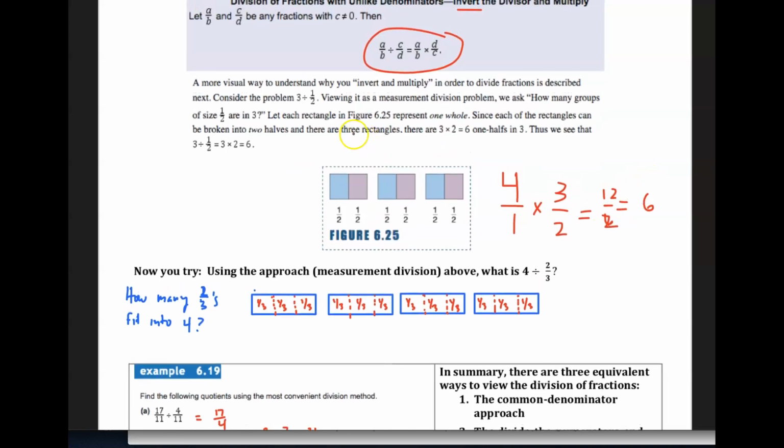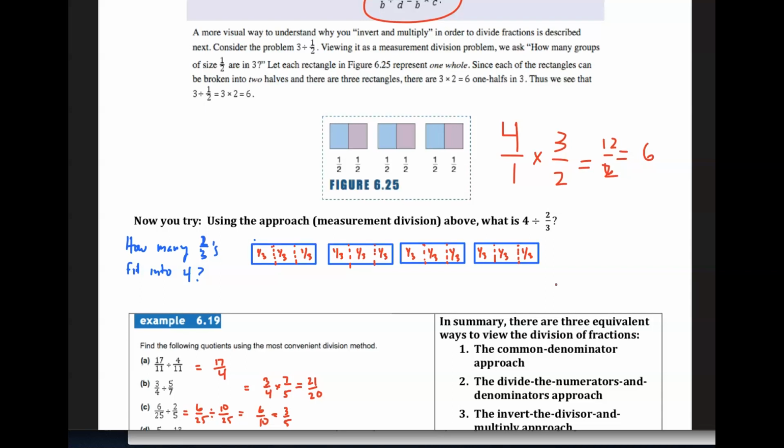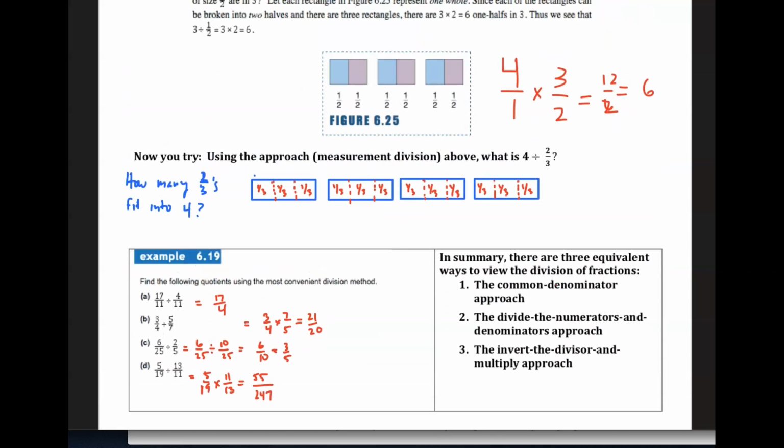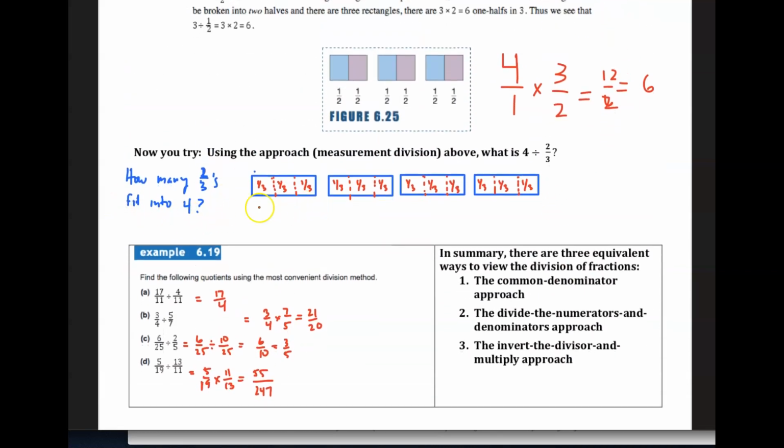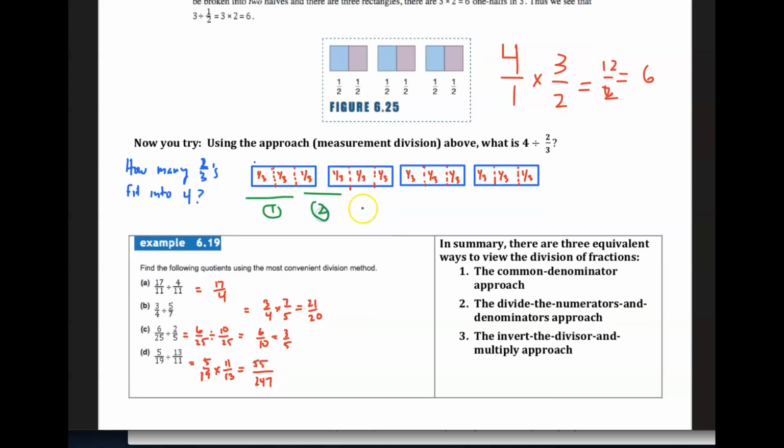And again, I want to connect that back to your measurement situation here. This question really is asking how many 2/3 are in 4. So here you see a picture of 4. What I end up having here is 2/3, that's 1. There's 2/3, that's 2.